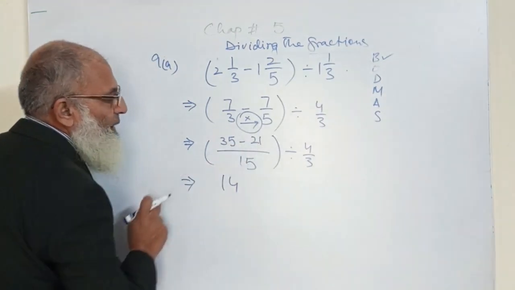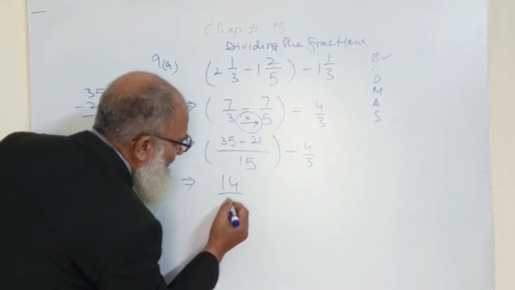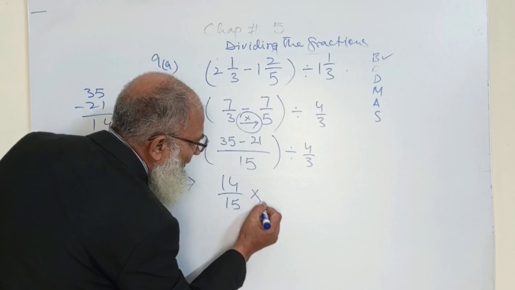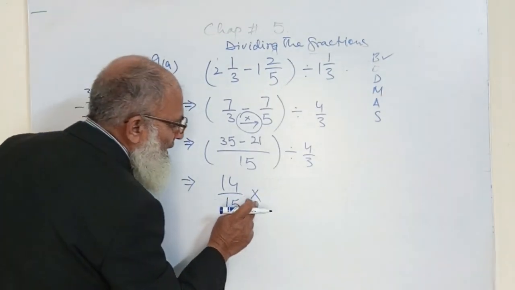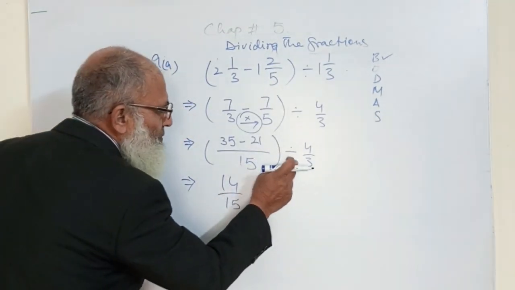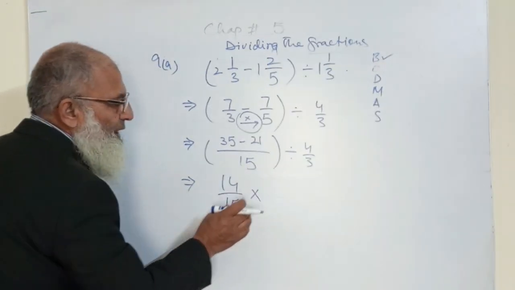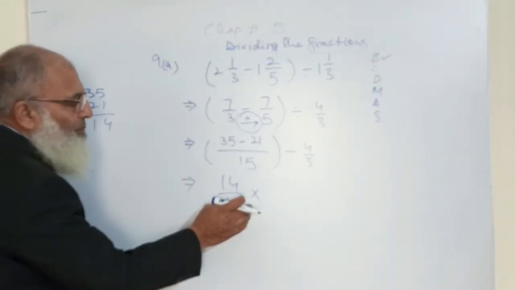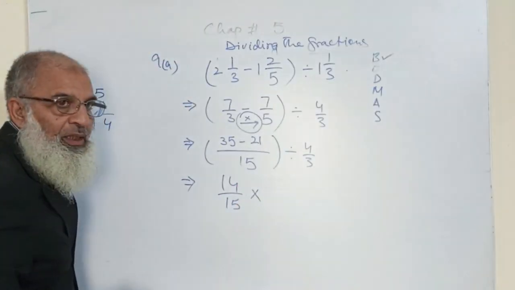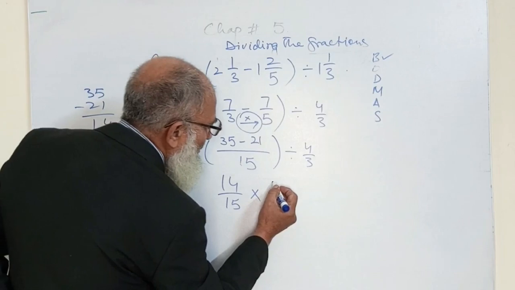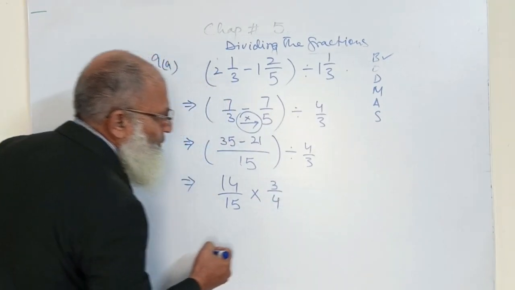You can remove the brackets now, and simultaneously change the sign of division into the sign of multiplication, and when you change it, the upcoming fraction will be inverted. It will become 3 upon 4.